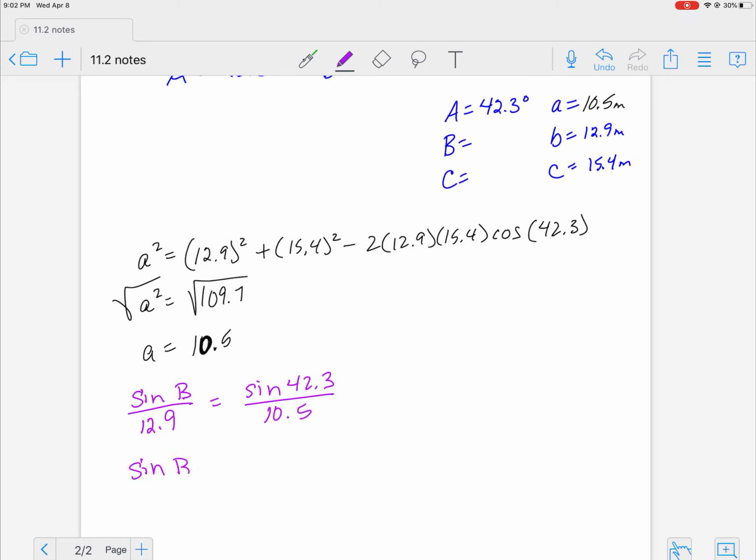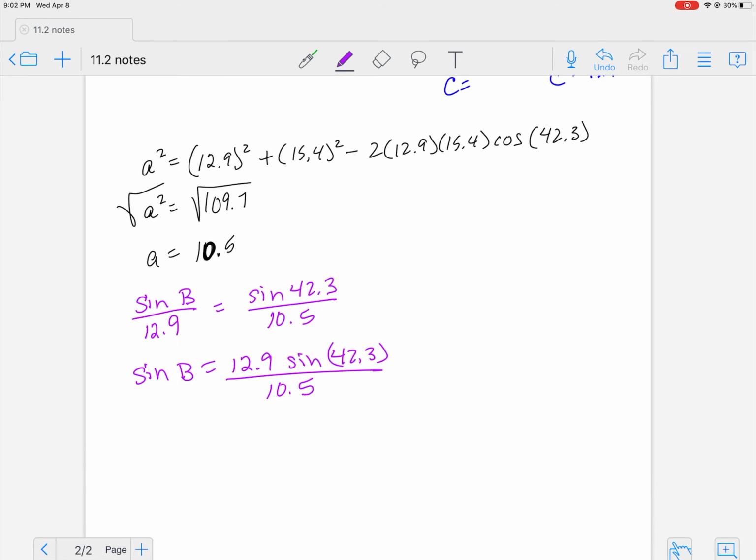I'm going to find angle B. So sine of B over 12.9 is equal to the sine of 42.3 over 10.5. So the sine of B is now equal to 12.9 sine of 42.3 divided by that 10.5.